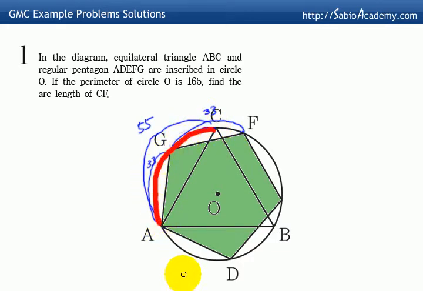That's 55. So I think the answer should be clear to you now. The arc length from A through F was 66, the old thick red one. And this thick red one I show you now is 55. So this CF that I'm looking for here is the difference. It's 11. So the answer ends up being 11.